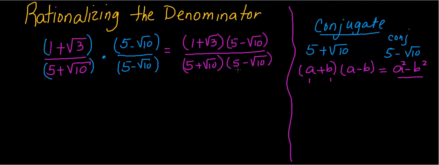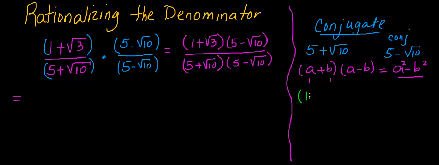I'm going to do it the long way here, just to convince you that it's the same. Okay, so we have our numerator here. This is not a difference of squares because they are not conjugates of each other. So I have to use FOIL here. I'm going to do this operation over here on the side so I don't make a mess.